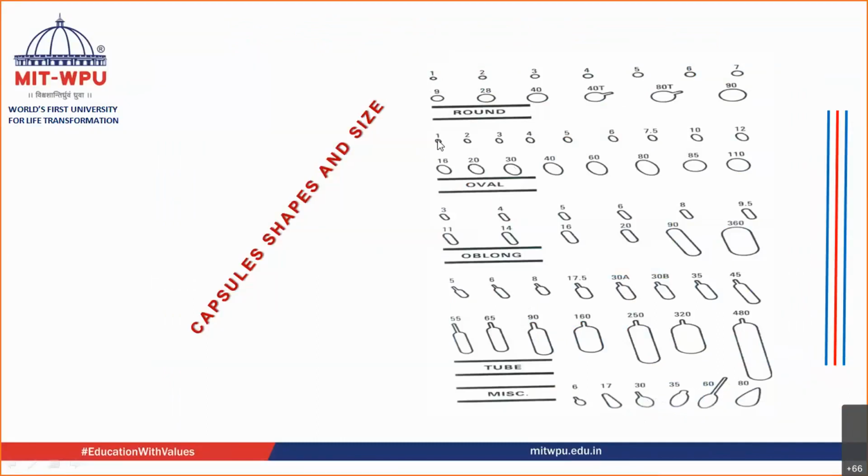In case of oval, it varies from 1 to 110. In case of oblong, it varies from 3 to 360. In case of tube, it varies from 5 to 480. And you can have some miscellaneous kind of soft gelatin capsules also. So these are the various shapes and sizes of capsules that are available.